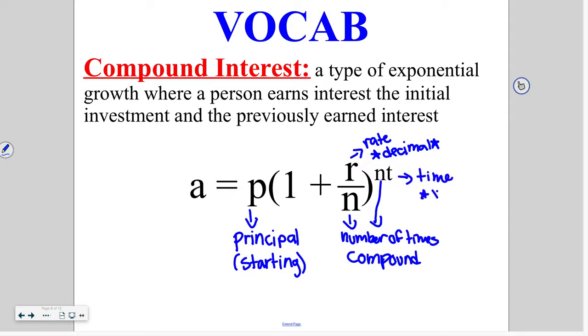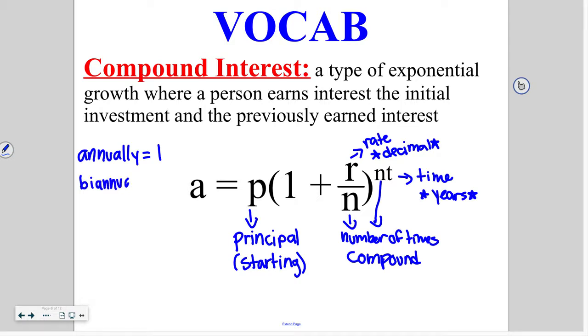This is always going to be in years. So when you're using compound interest, the time is always in years. One more thing I'm going to note on this N value. There are some key words that you're going to be looking for within these problems, such as annually. That's going to tell you the N value is 1.